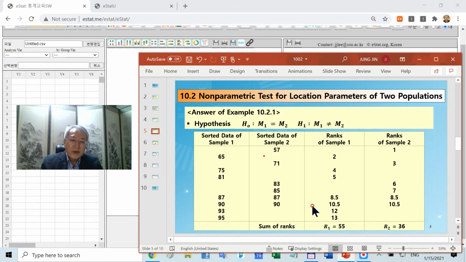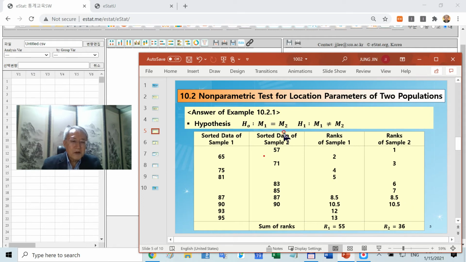Why are we calculating this? If they follow a normal distribution, then you can use the t-test in chapter 8. But the histogram shows they do not look like a normal distribution. Therefore, you calculate ranks in this manner.